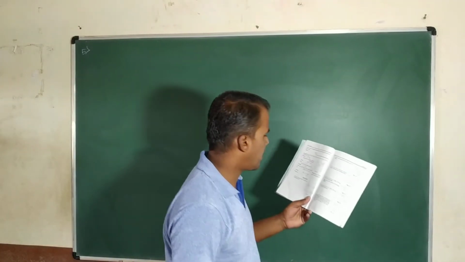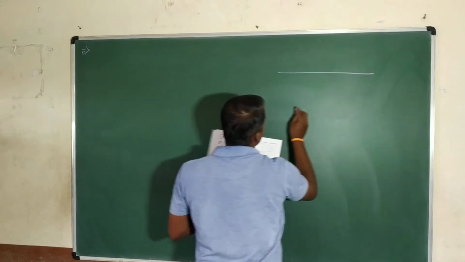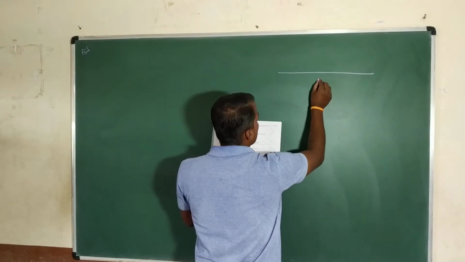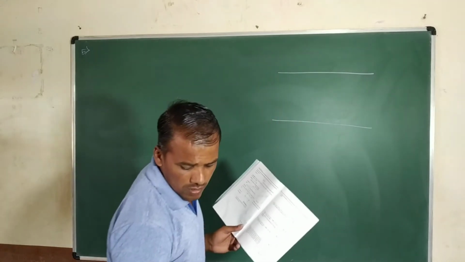First we have to draw the diagram. Two rays are there.